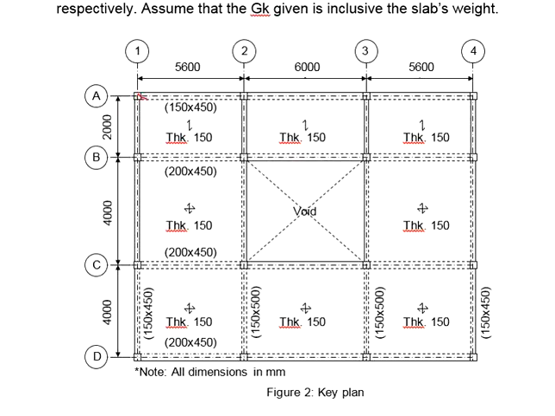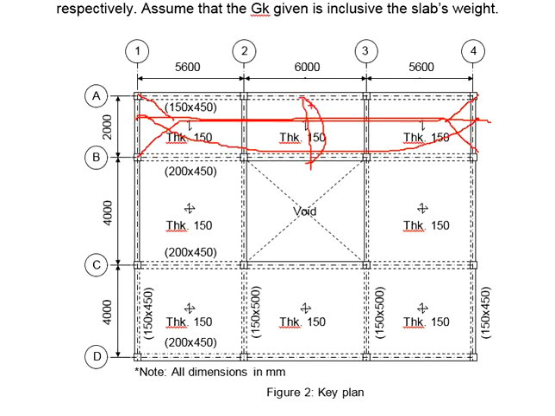Draw a straight line at 45 degrees from the corners. This will represent the directions of the bending. The bending will be on this side instead of on this side. With that, you know that the deflection will be more critical towards the shorter span.